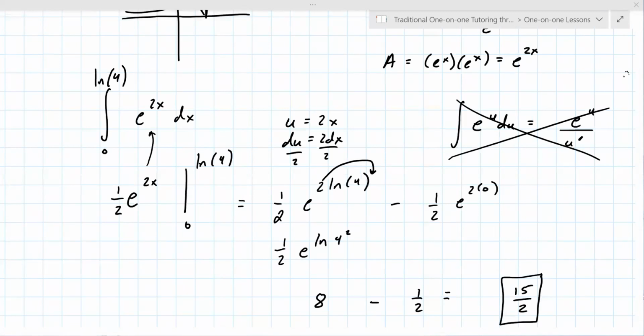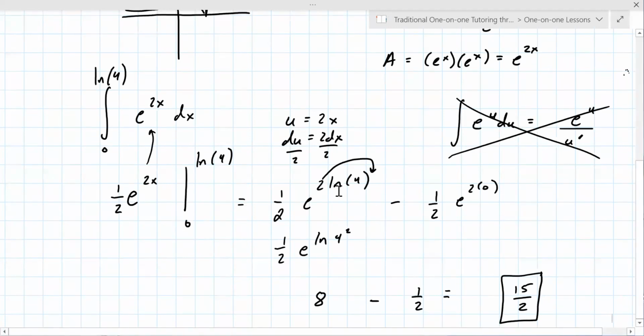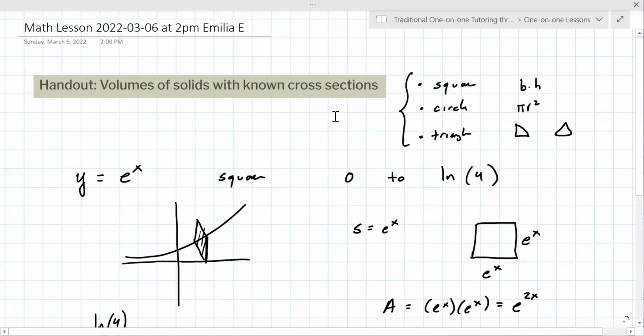But the next type of problem that we would do is rotating a curve around an axis. That's the next type that you're seeing here. So let's do that, if you're okay with that. Do you feel like we've covered cross sections? Yeah.